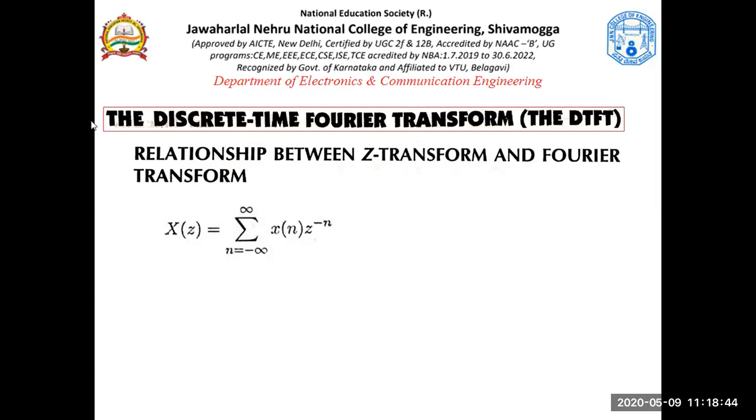When we said discrete time signal x of n, we were not bothered whether x of n is periodic or non-periodic. Being discrete is sufficient for application of the Z transform. Now, wherever you see Z, if that Z is replaced by the complex exponential e power j omega, then it becomes the DTFT.